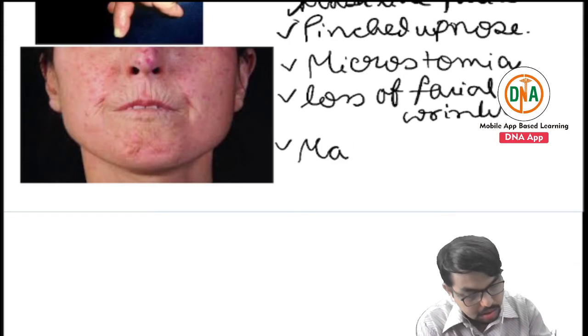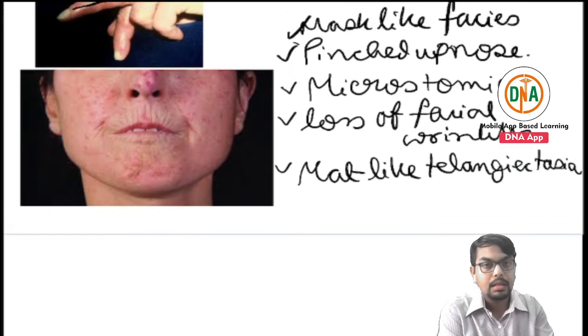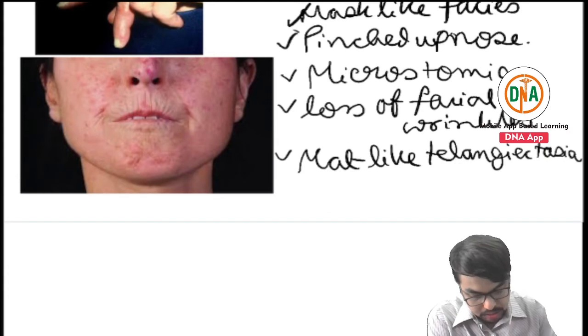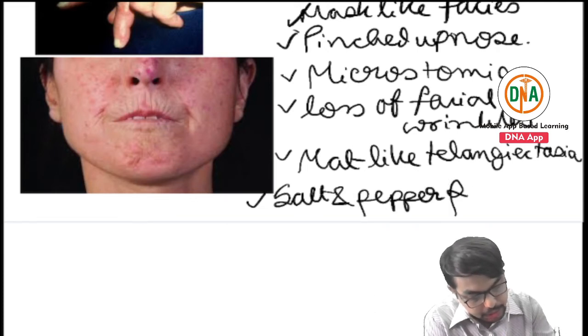Telangiectasia, here we get mat-like telangiectasia. We get salt and pepper pigmentation.